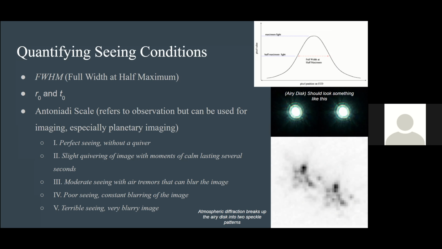But the R naught in astronomy is also known as the Fried parameter. It corresponds to the length of spacing of actuators needed in an adaptive optics system. I'm not really sure what an adaptive optics system is, but we can certainly have discussions on that after my presentation is over.